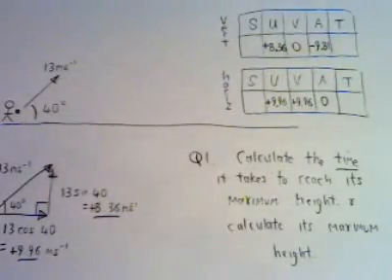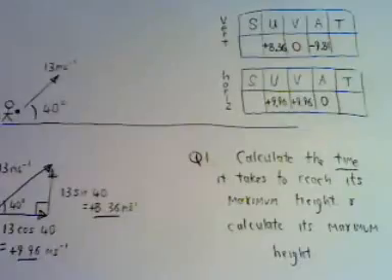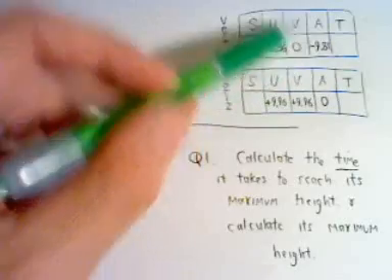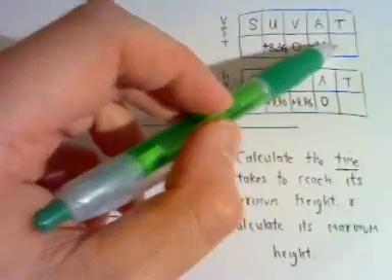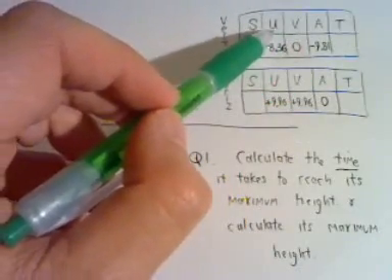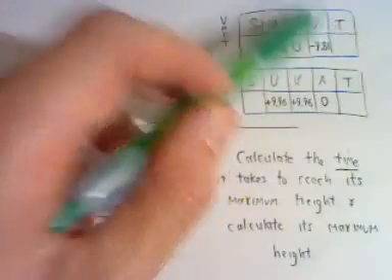So we'll do 2 questions in one there. So we have u, a, v. Let's start first by calculating t. So an equation that involves u, v, a and t.